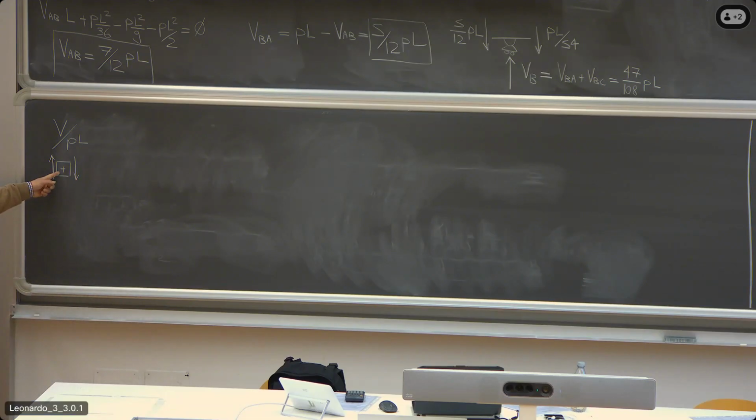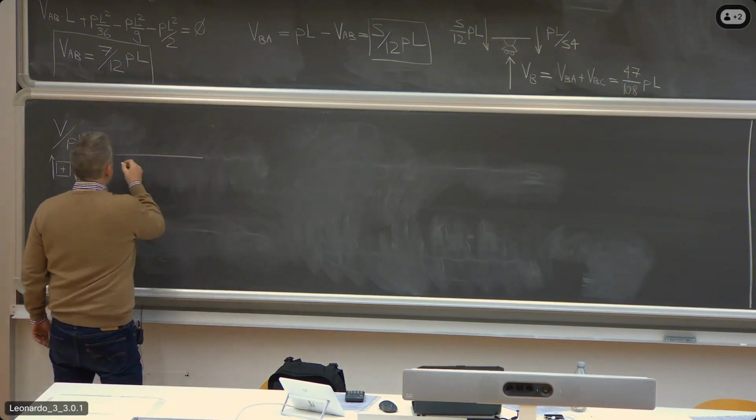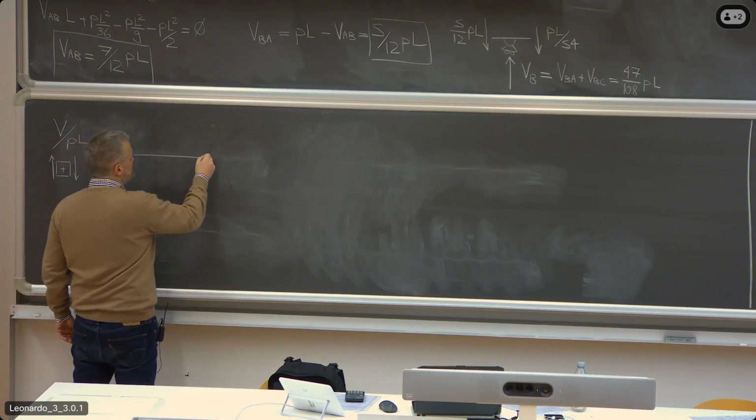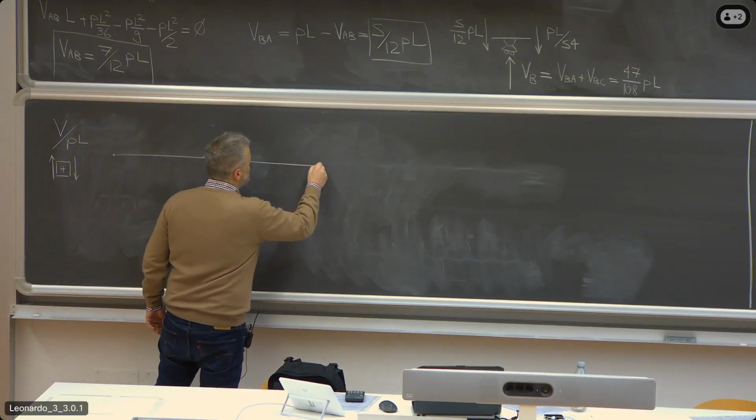This is what I mean by this small square with a plus, and 2 clockwise shear forces at the end. So again, we have first span, second span.